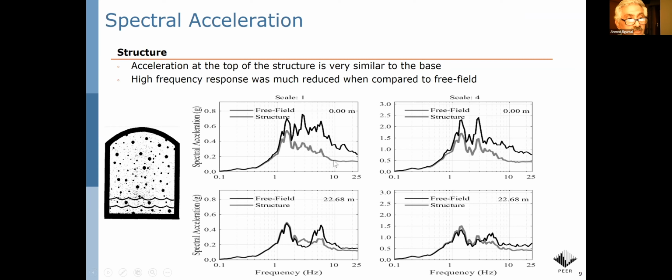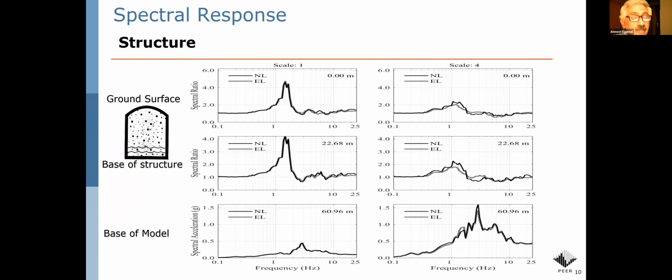And the high frequency is gone compared with the free field, which actually makes you even think, well, in that case, since the equivalent linear didn't reproduce the high frequency, maybe we get a good answer from equivalent linear. And the answer is absolutely yes. Since the structure already is filtering the high frequency, as you see here, if you compare nonlinear to equivalent linear in this case, you see that the responses are very, very good under low levels of shaking.